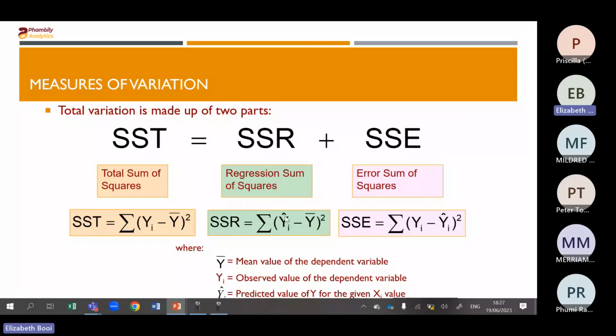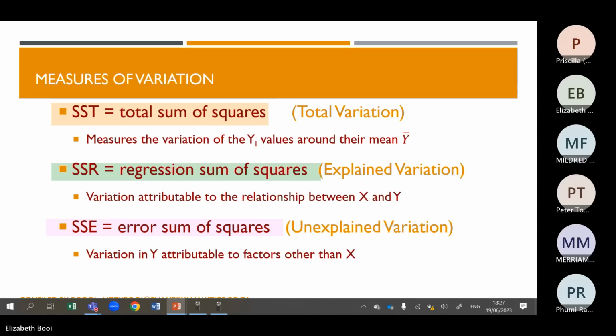This is the summation of your estimated y value minus the mean, squared. And the SSE is the summation of your y observation minus your estimated observation. This just gives you the errors that you will have, and you square the answer. I'm not going to explain this again. We already spoke about the total variation.